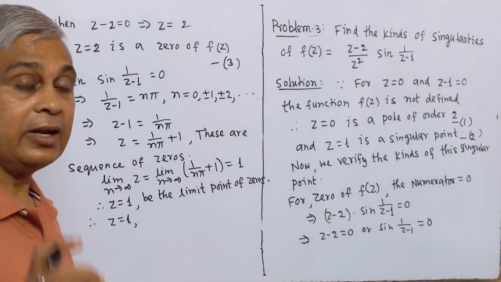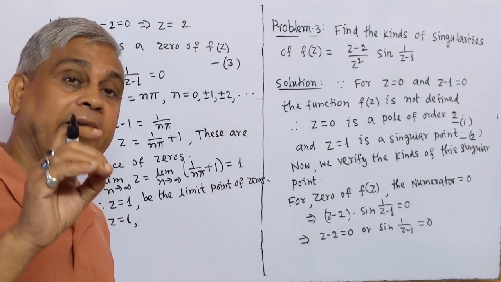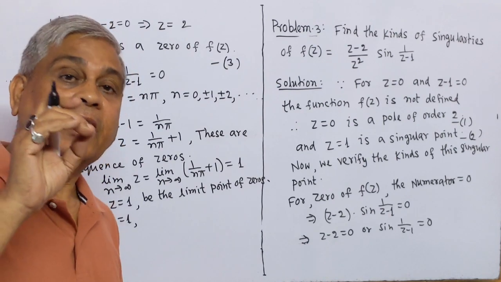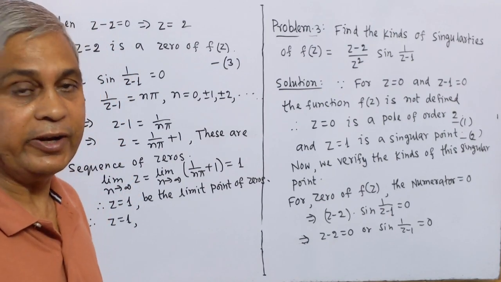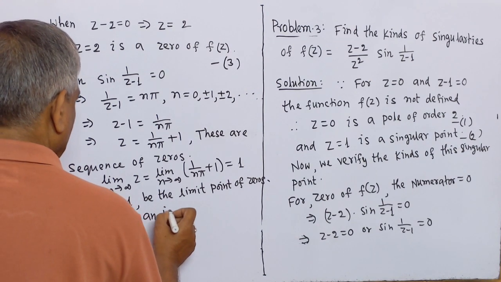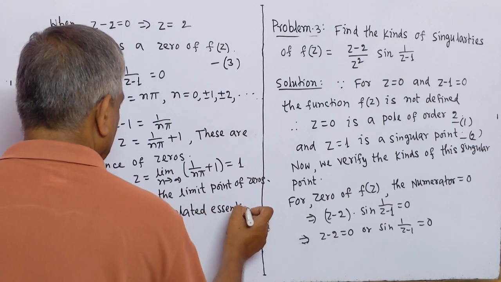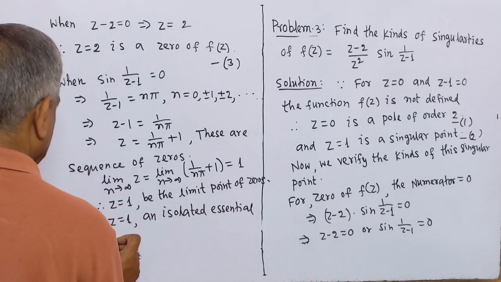We know that the limit point of zeros is an isolated essential singular point. Therefore, z = 1 is an isolated essential singular point.